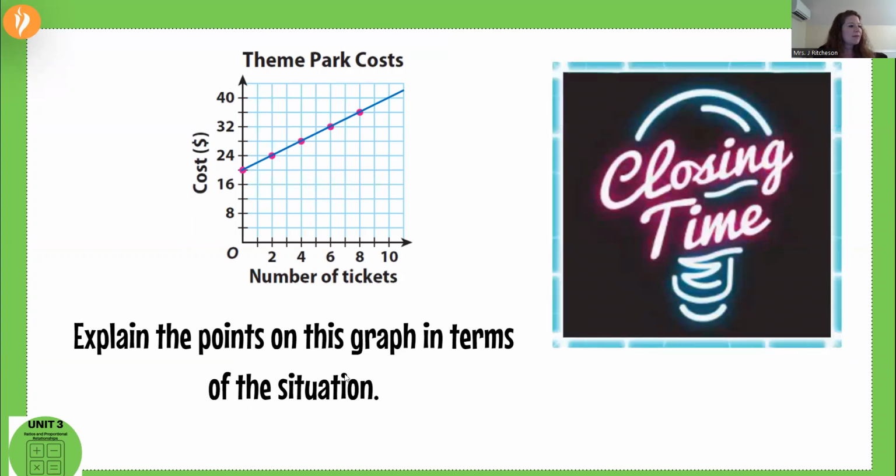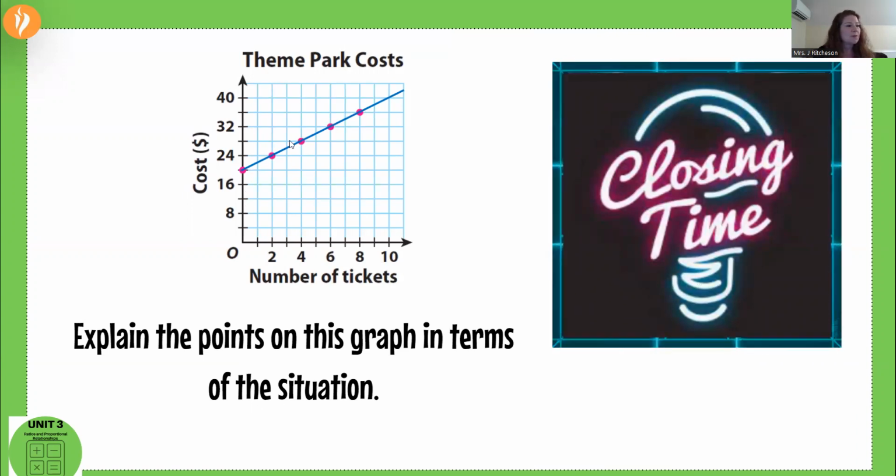Explain the points in this graph in terms of the situation. Well, this isn't proportional, right? That means that there was a cost to come into the park, and then there was a cost per number of tickets. So to come into the park, it would have to cost $20 because this person who bought 0 tickets still spent $20.